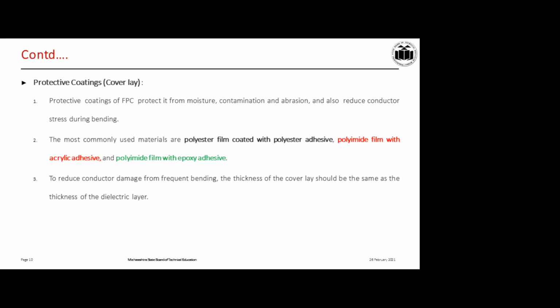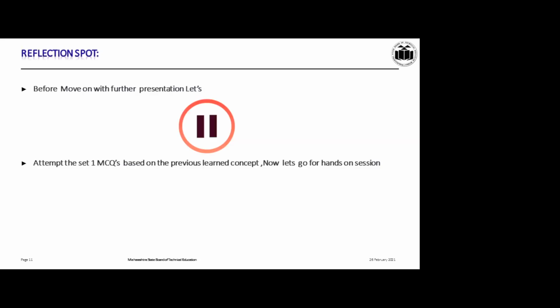And the third type is a polyamide film with epoxy adhesive. Finally, this protective coating is used to reduce conductor damage from frequent bending. The thickness of this cover layer should be the same as the thickness of the dielectric layer. This is a thumb rule.